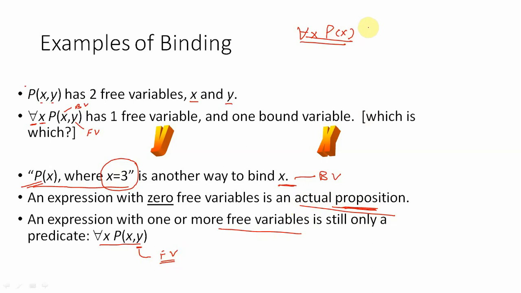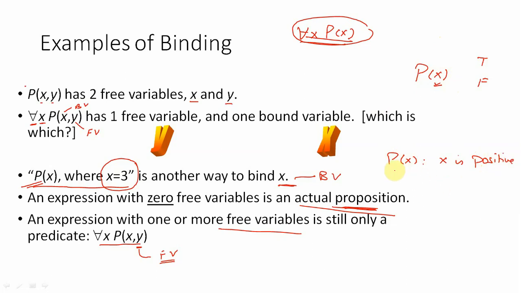Why? Because, let's take a simple example. If I specify, let us say, p(x), now p(x) can have a truth value of true or false depending upon the value of x. Let's say p(x) says x is positive.